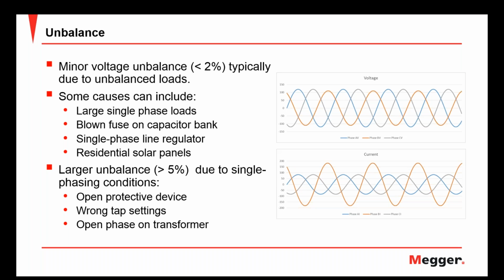So those are a big culprit of unbalance in the utility area. Larger unbalances greater than 5% are usually due to problems with open protection devices or wrong tap settings or transformer issues.